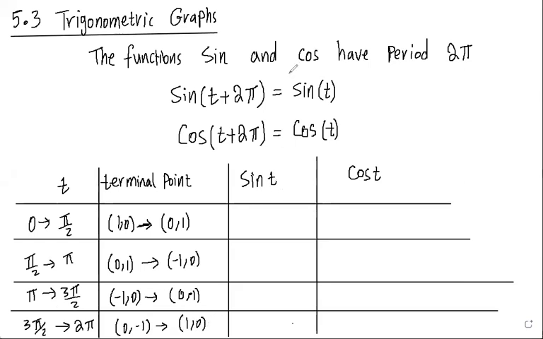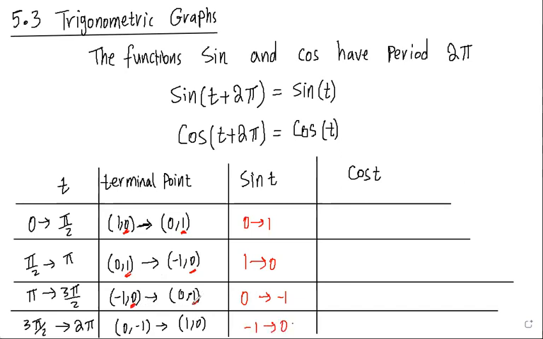And I said the sine of t means the y value for the terminal point. So the y value is 0 here, and the y value is 1. So from 0 to 1, and here 1 to 0. The same here, from 0 to -1, and from -1 to 0.